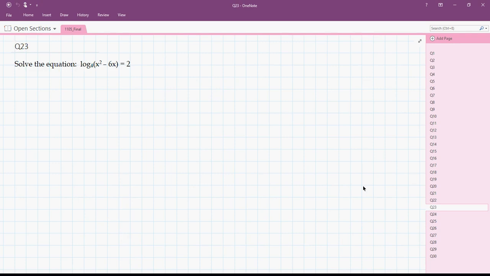Okay. Log base 4 of some expression is equal to 2.